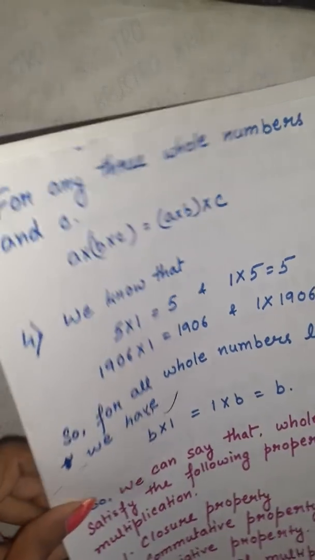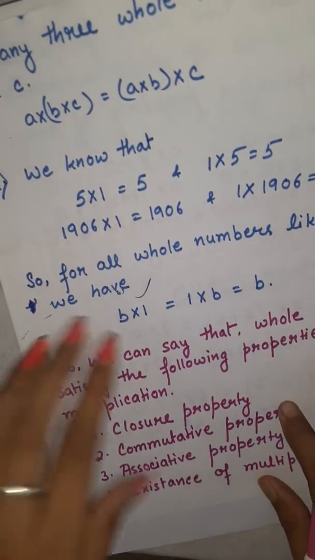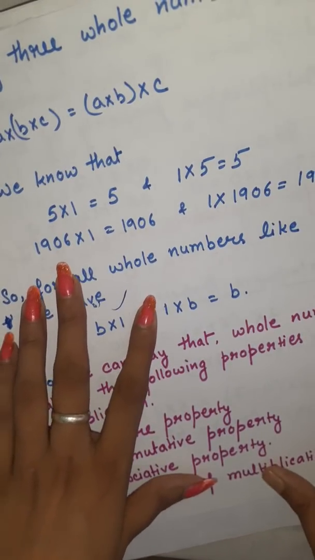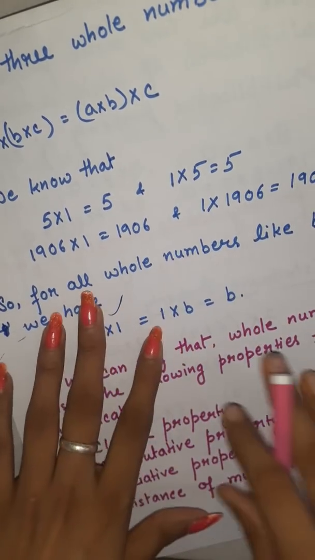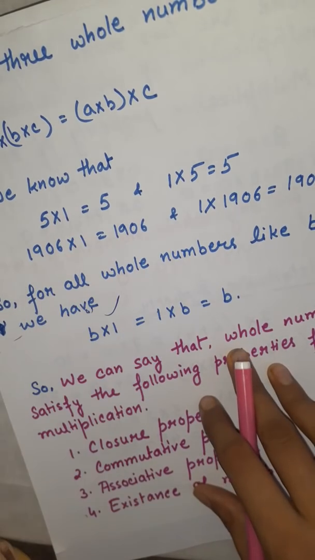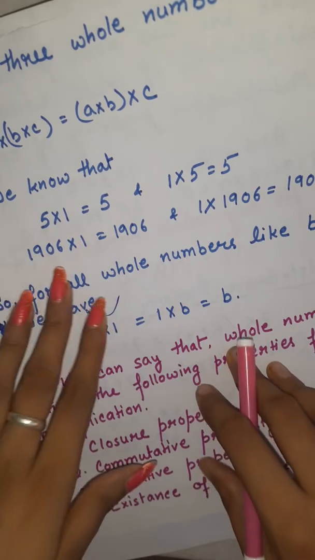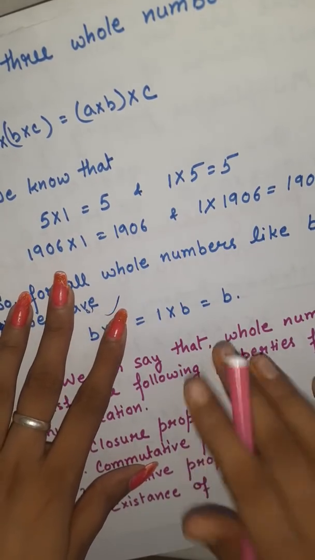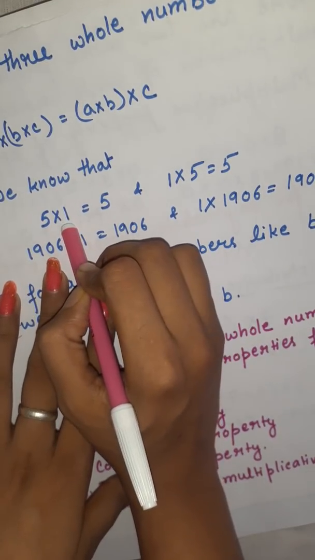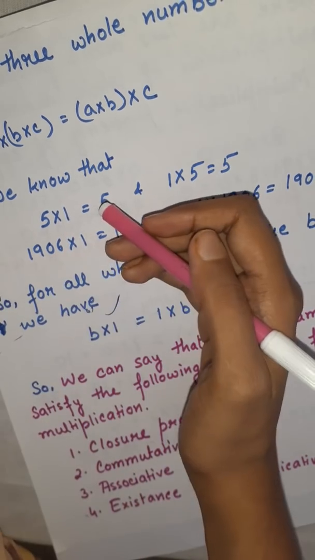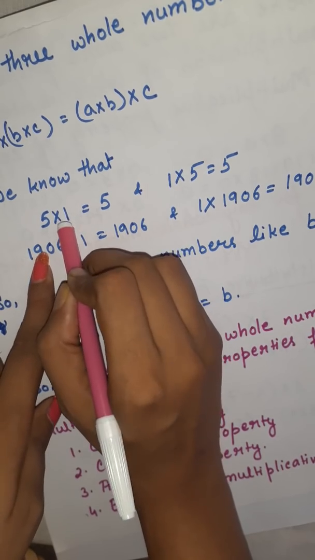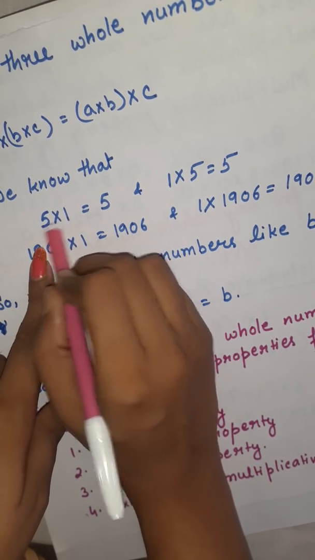Okay, now the fourth one. We need to talk about identity, right? The fourth property for addition was identity. Let us take an example for multiplication also. We have a number 1. The definition for identity was, for addition, if you add that number with any other number, you should get the same result.